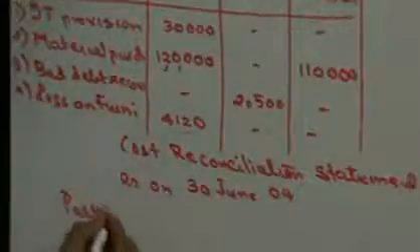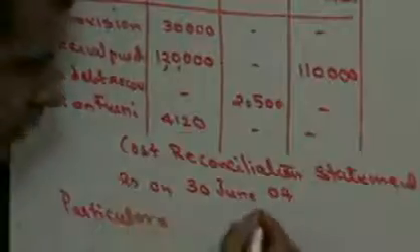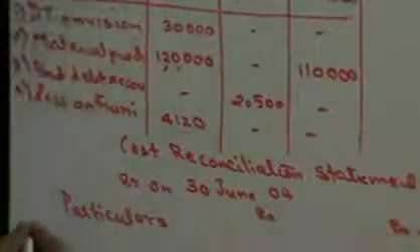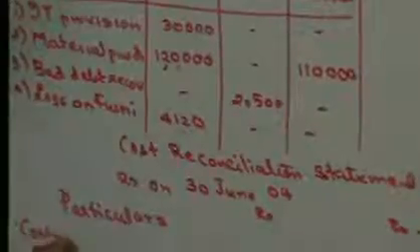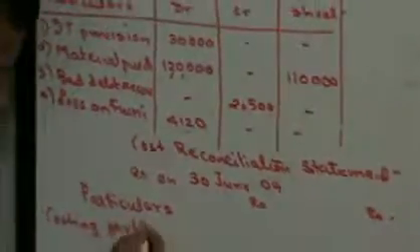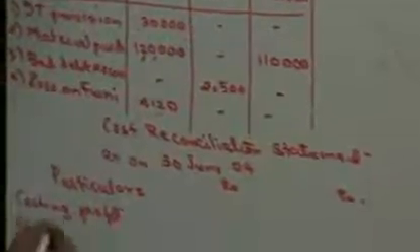Particulars, rupees, costing profit, add, next, less, financial profit. Right? Let's start. Now they're giving you that net profit as per finance is 40,340.